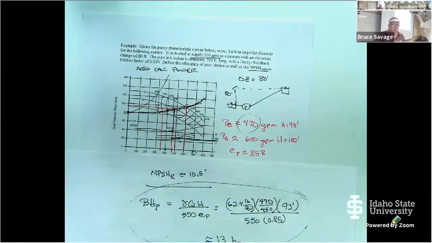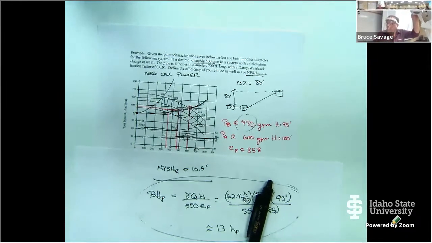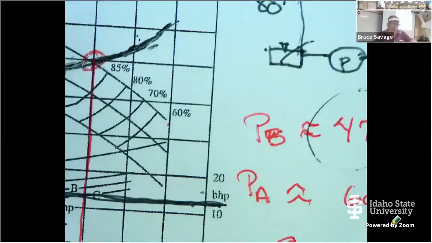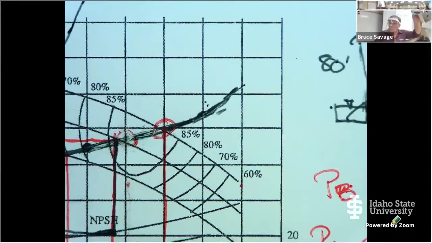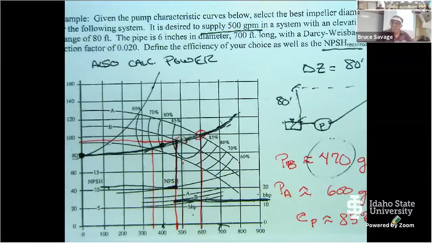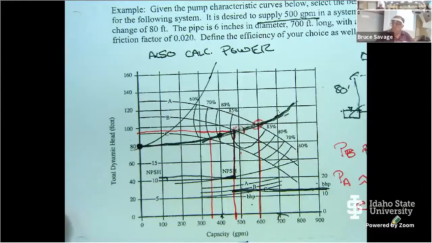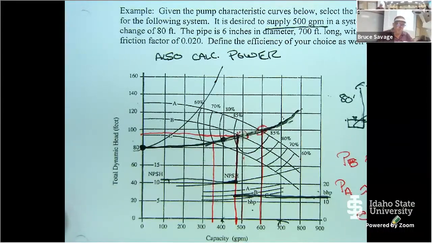How did you get the 10.5 for the other one? Okay, so yeah, that's a good point. Let me blow this up, because you have to be careful with these graphs. These pump curves get kind of weird, as they put stuff all over the place, and you want to make sure you read it correctly.